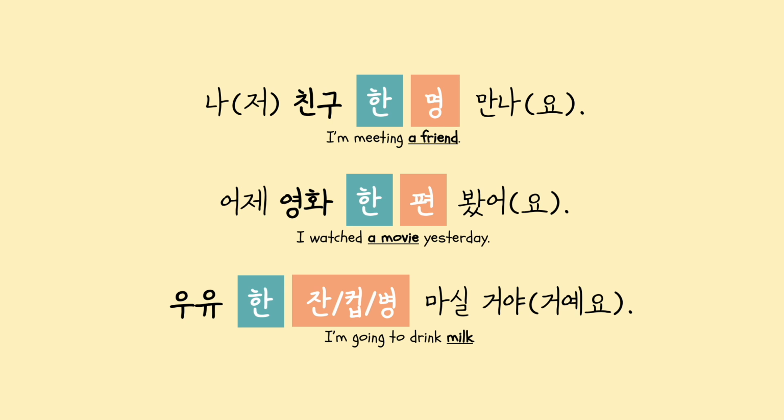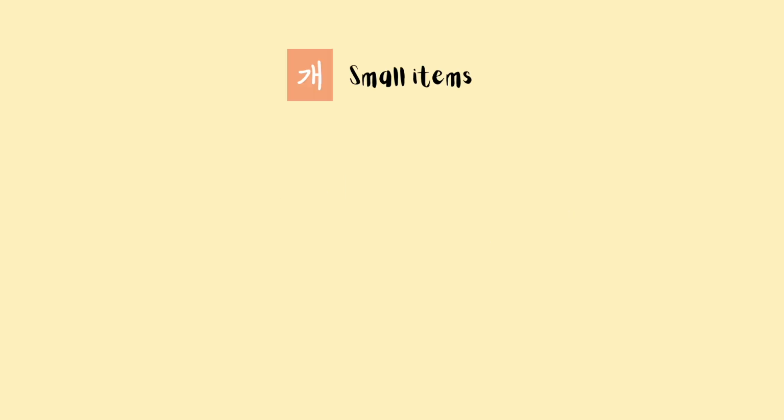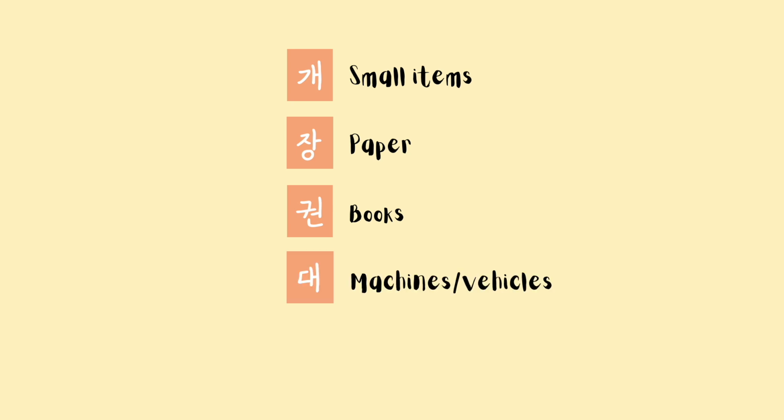Here are 10 more counting units that are commonly used. 개, a general counting unit for usually small items. 장, any types of paper. 권, books and notebooks. 대, big machines or vehicles. 벌, any types of clothes.